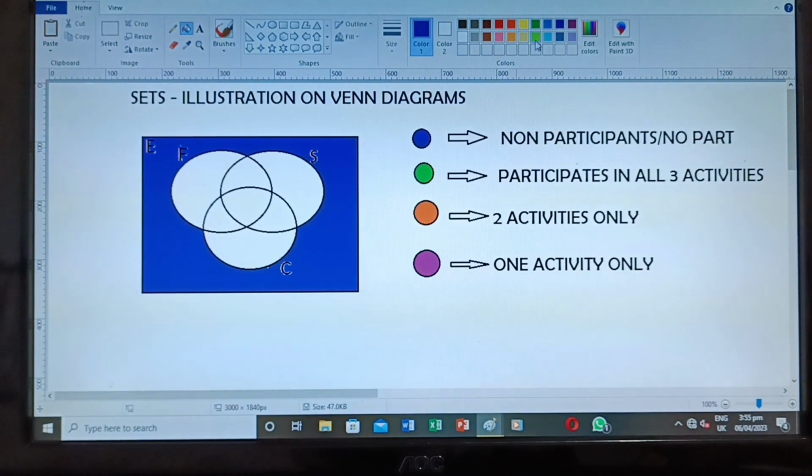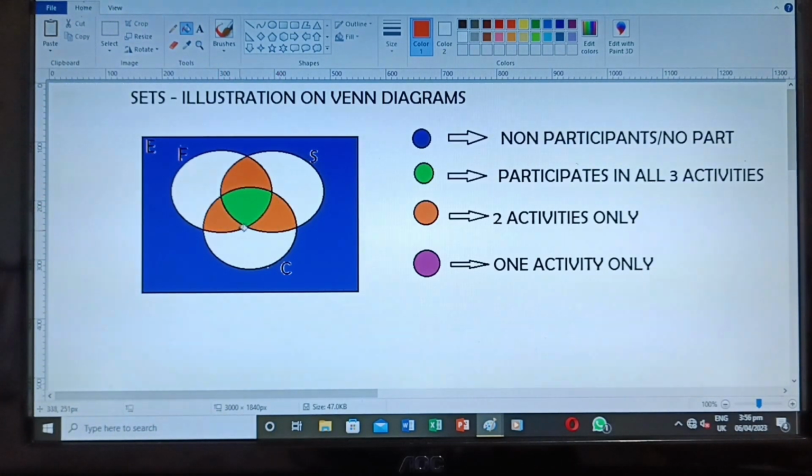Then this region in the middle here represents all those taking part in all the three activities. And there's another region here, this one, and this one.